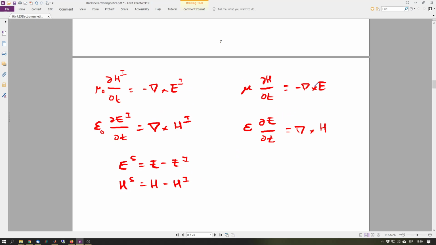Okay, for instance, we can do this equation minus that equation, so what we have on the right minus what we have on the left, and we'll have the derivative of H with respect to time of mu minus mu 0.